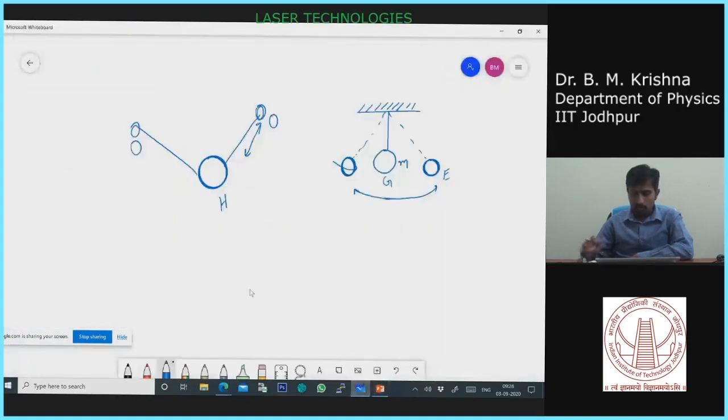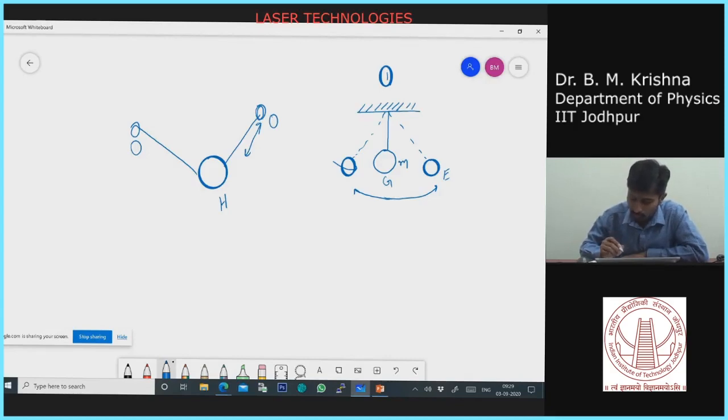So in the real picture, what is meant by excitation or excited state? Now if you see here in figure 1, the simple pendulum of mass m is hanging at a fixed position.